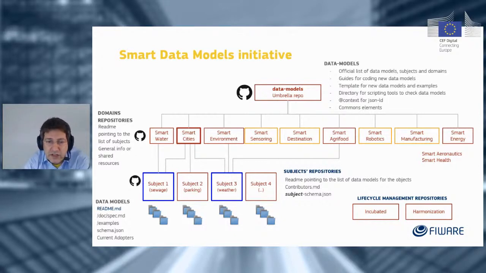And there are another 2 repositories that I want to explain to you, which are the harmonization and the incubator. These repositories are hosted on GitHub and are publicly available, so anybody can see them, and anybody, once requested, can contribute to them. The harmonization is for those data models which are coming from adopting regulations.